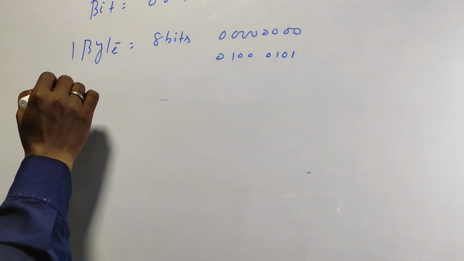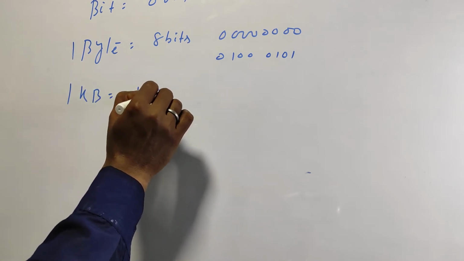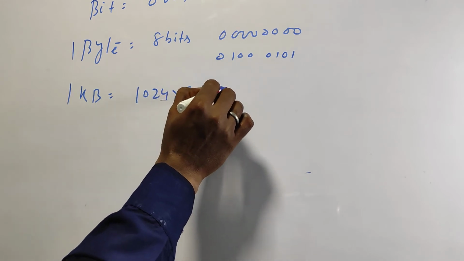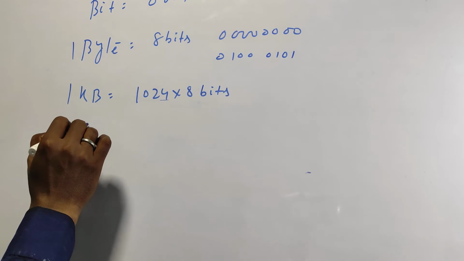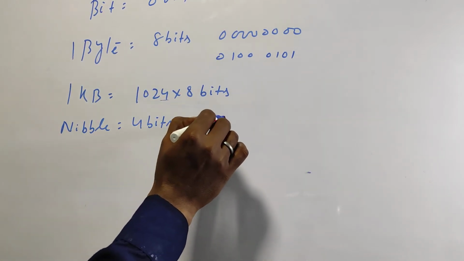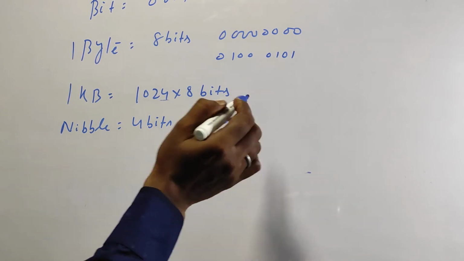Similarly, 1 kilobyte means 1024 bytes, where 1 byte is 8 bits. Nibble means 4 bits. We can write 0, 0, 0, 0 or 0, 1, 0, or any 4 bits.